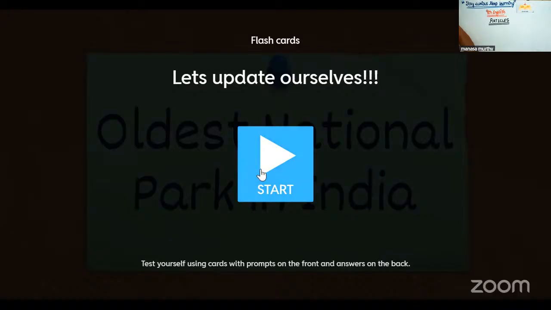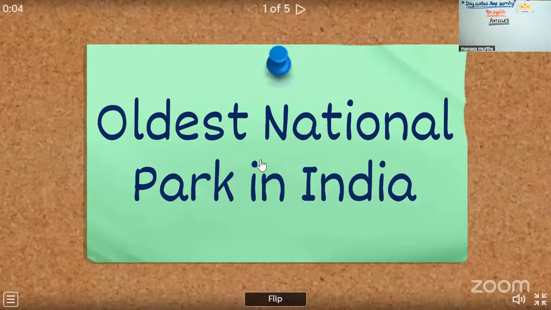Then we'll learn. Okay. Oldest national park in India. Do you have any idea which is the oldest national park in India? Any guess? Whatever you feel is the right answer, you may let me know.